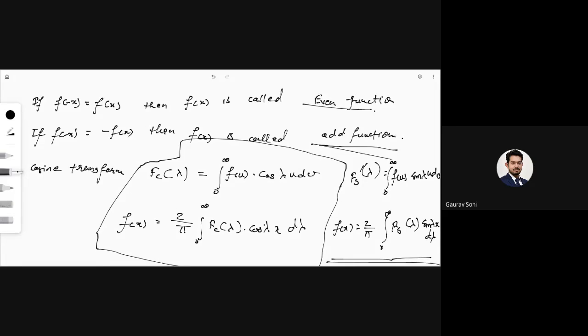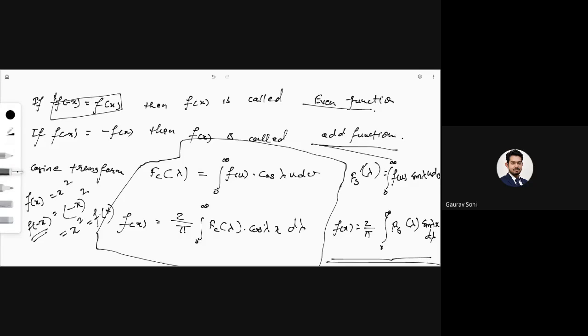You must be able to check whether a function is even or odd. That's why these definitions are important. If f of minus x is equal to f of x, like say f of x is equal to x square, I will write it down here. So f of minus x will be equal to minus x square, which is simply equal to x square, equal to f of x. So what did we get?